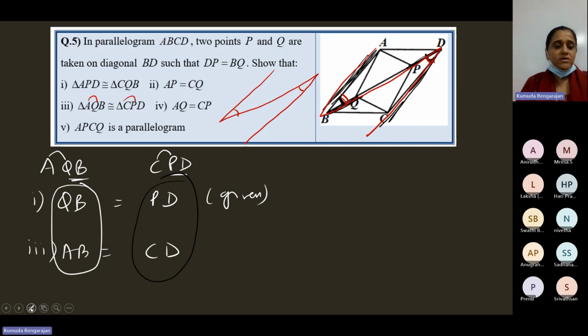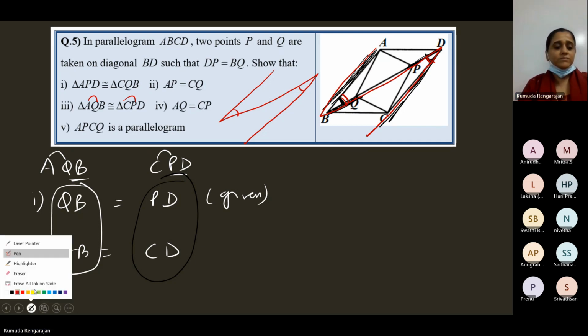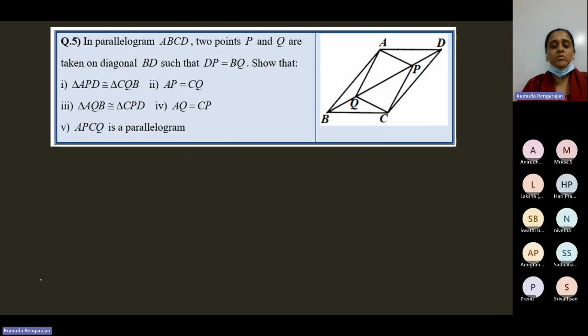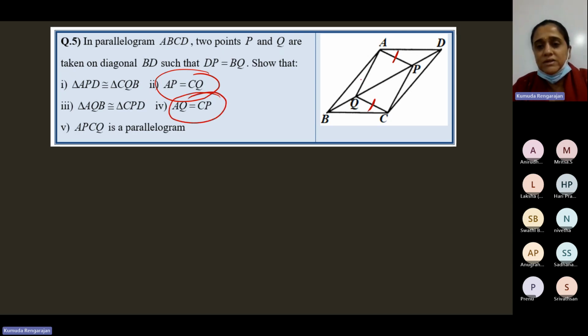Now the last one: APCQ is a parallelogram. We have proved that AP is equal to CQ, and we have proved that AQ is equal to CP. So in the quadrilateral APCQ, both pairs of opposite sides are equal.